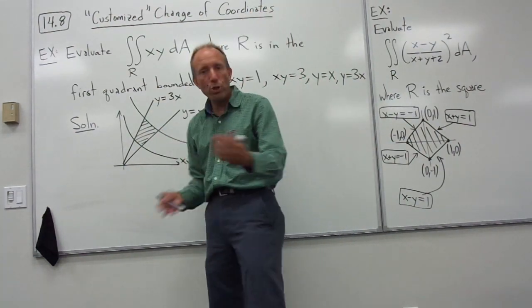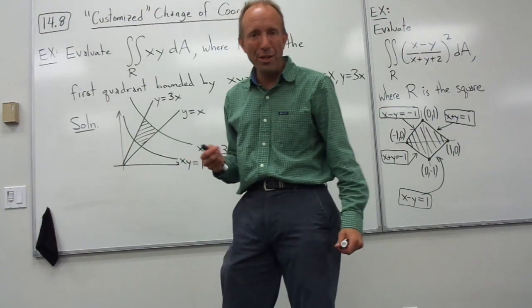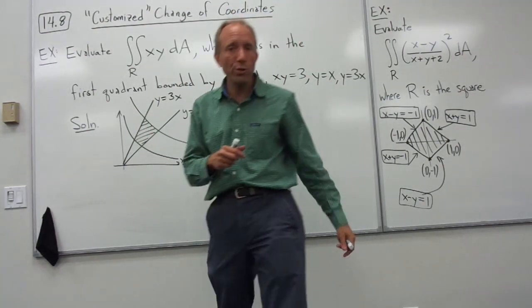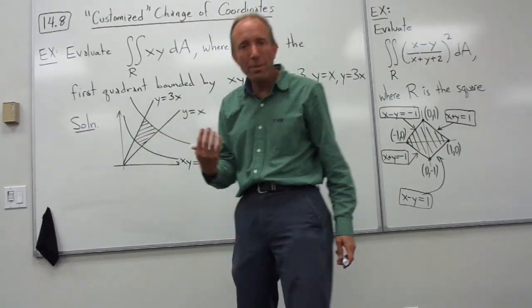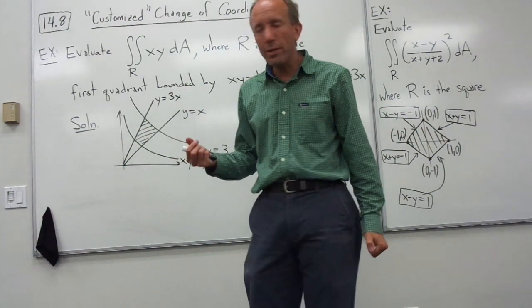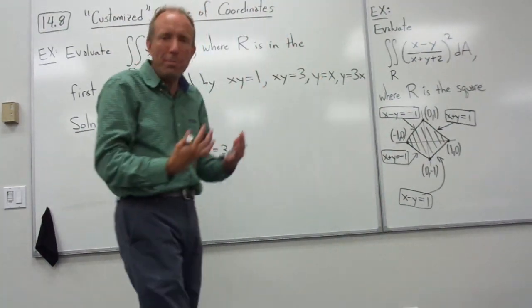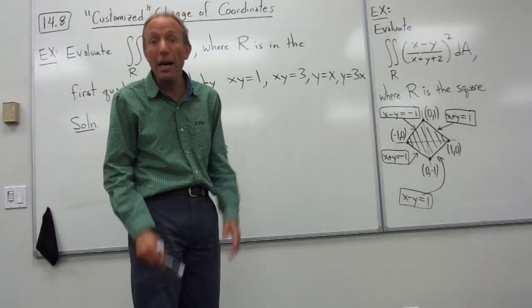It doesn't matter which order of integration you use, this is not going to be something that's good for x and y. It also has no relationship with circles whatsoever, so polar coordinates is really not going to be a good answer for this. If we try to rewrite this region using polar coordinates, it's not going to be something easy for us to write the equations for or to set up.